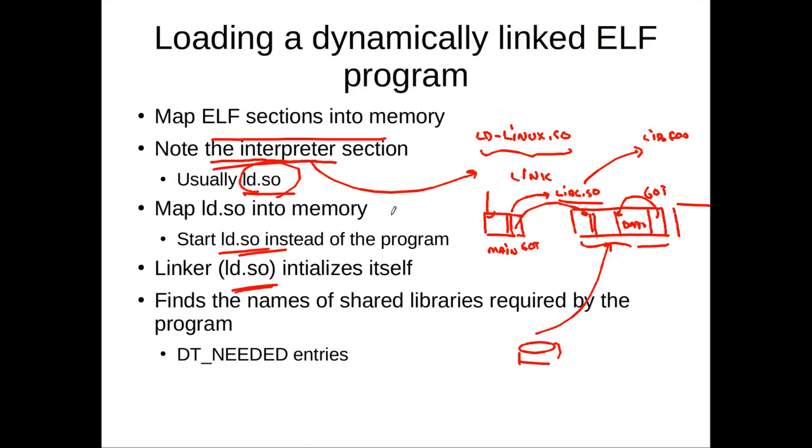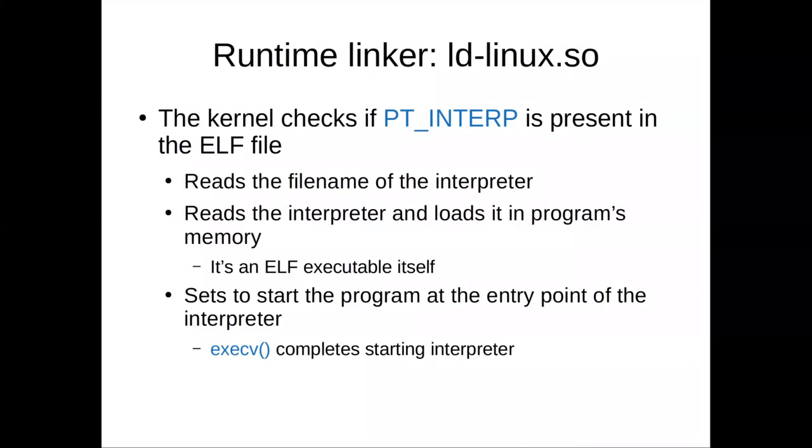So it has a tiny bootstrap section which relocates itself quickly. It's kind of funny, the linker relocates itself. And then it starts loading the shared libraries required for running this program, and there is information in the file about which libraries have to be loaded, right? So, okay, this is yet another slide on the same topic.